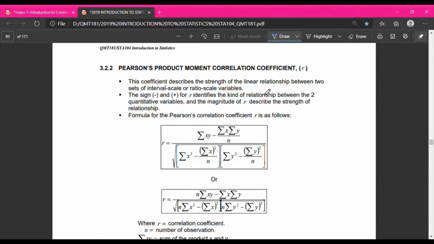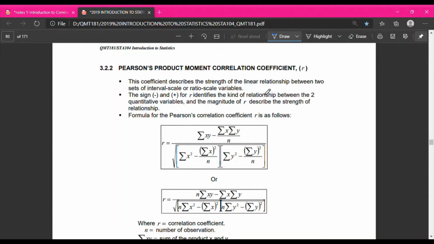We use the Pearson product moment correlation coefficient to check whether there exists a linear relationship between the two quantitative variables.